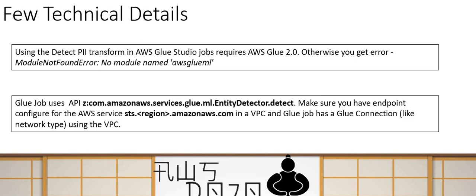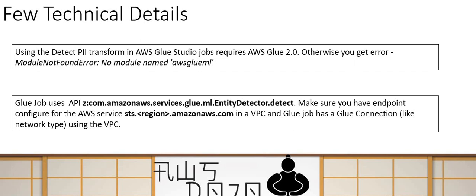The second thing is that internally the Glue job makes a call to an API, the entity detector API, one of the machine learning APIs from Glue, and for that it makes a call to the AWS STS endpoint. When I tried to run it, it said it was not able to reach the STS endpoint, and to either use a NAT gateway or a VPC endpoint.